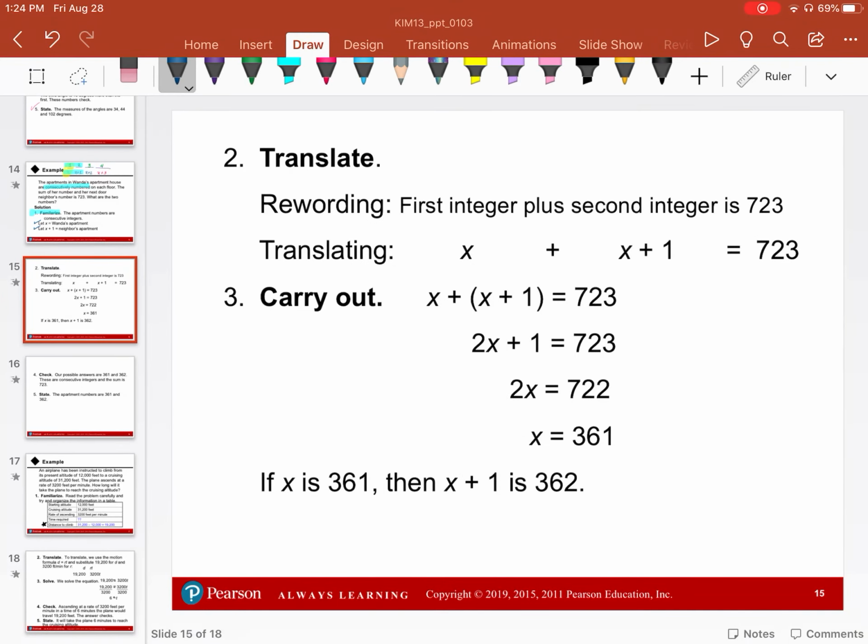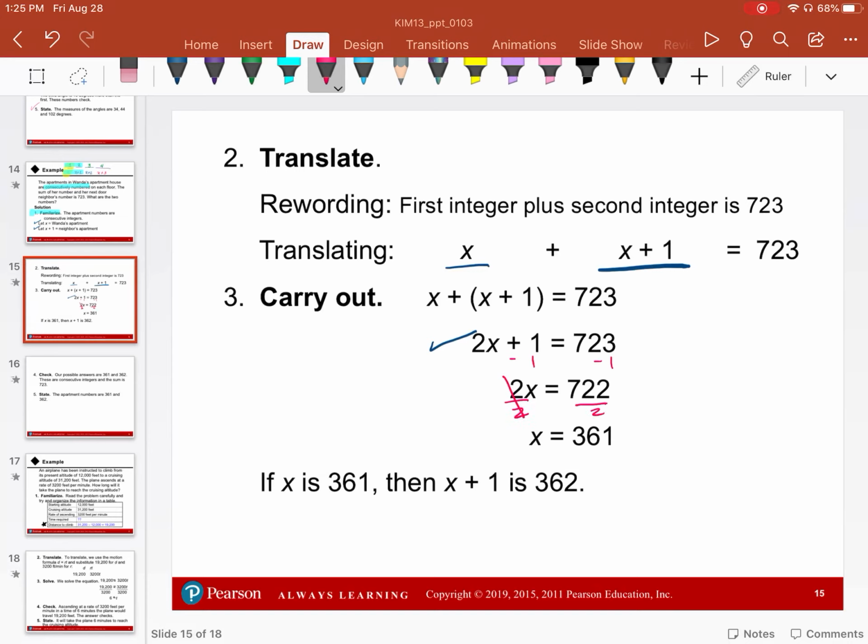Okay, let's go ahead and work this out. So I know if the first one plus the next one, the sum should be 723. We have a formula now. I have x plus x plus 1 equals 723. This gives us 2x plus 1 equals 723. Let's go ahead and work this out. Minus 1, 722, divided by 2.